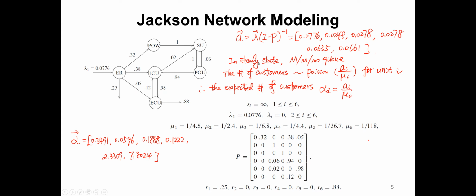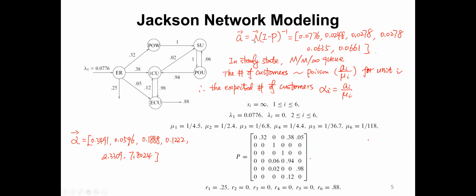In steady state, we have an M/M/infinity queue. For the M/M/infinity queue, the number of customers is approximately a Poisson random variable with mean A_i over mu_i, for a particular unit i. So the expected number of customers will be alpha_i, which is directly lambda if it is Poisson, but now it is actually A_i over mu_i. So this is the expected number of customers. We have A here, we also have lambda, and we also have mu.